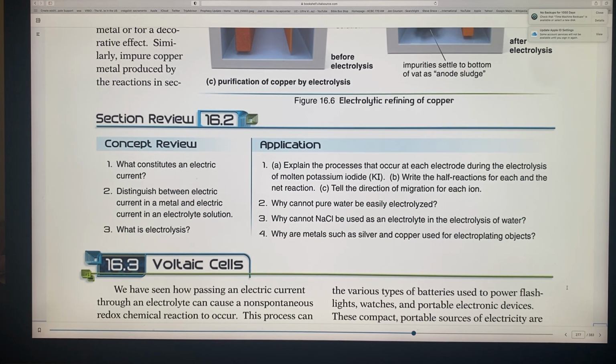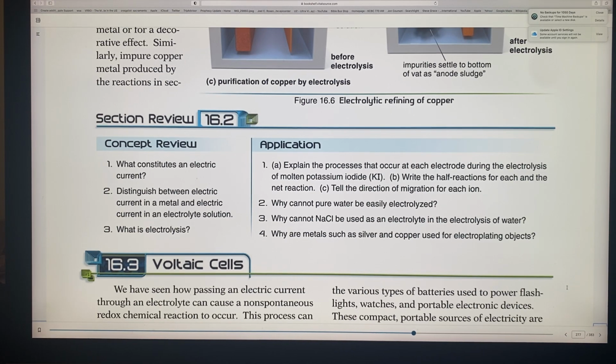Why can't pure water be easily electrolyzed? It can't be easily electrolyzed because it doesn't have a lot of electrolytes in it. In fact, it has very little electrolytes, so electrolysis cannot easily occur.